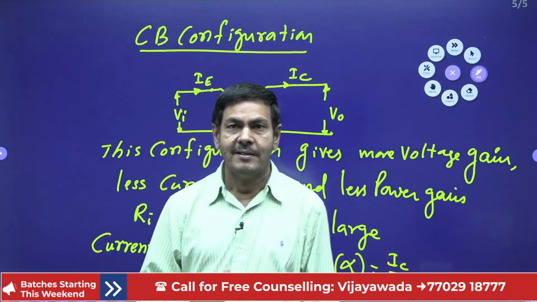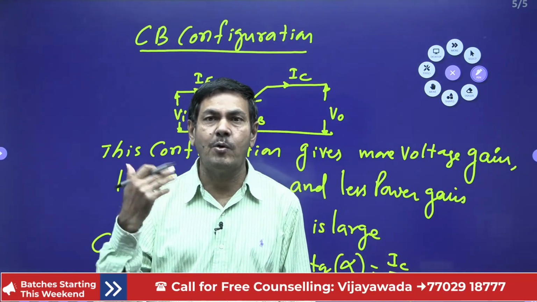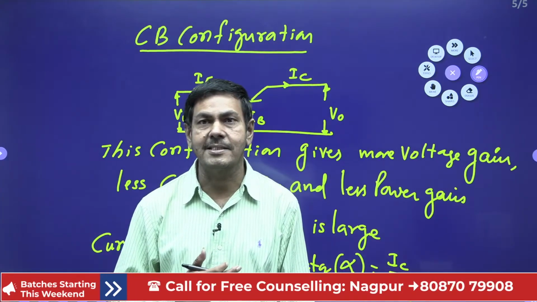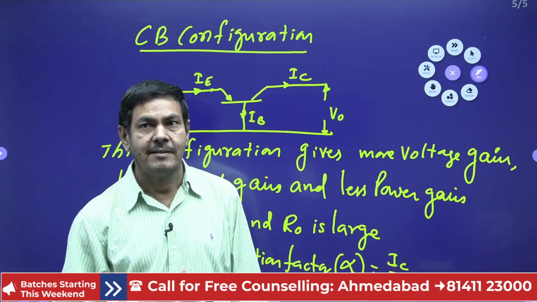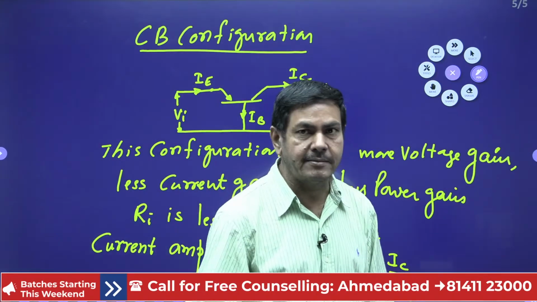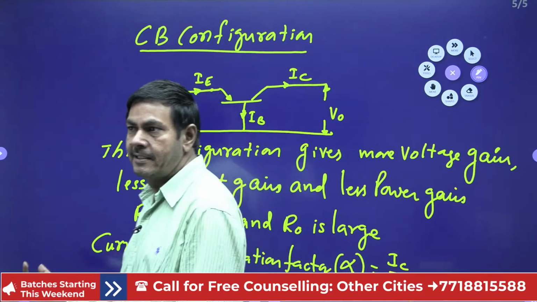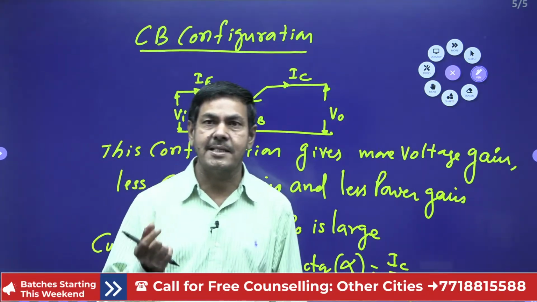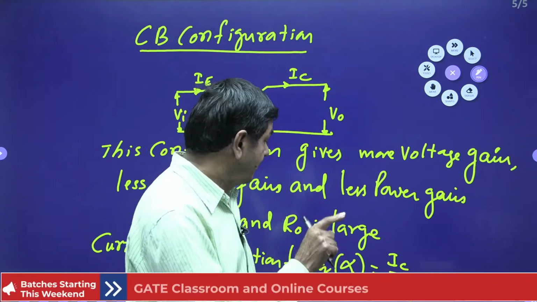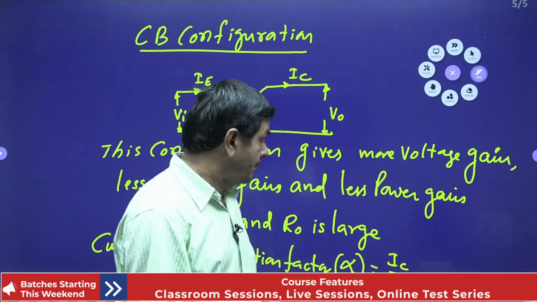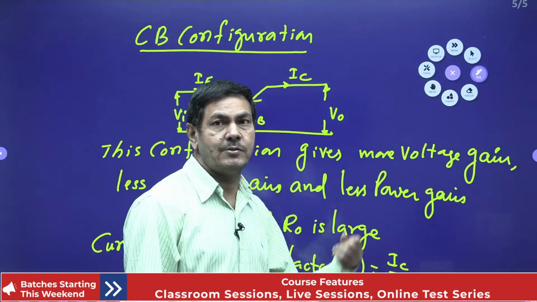If the alpha value increases more and more, you can say directly the quality of the transistor is excellent. If the alpha value is decreasing, the quality of the transistor will be decreasing. That's why the quality of a transistor is identified by finding the alpha value.